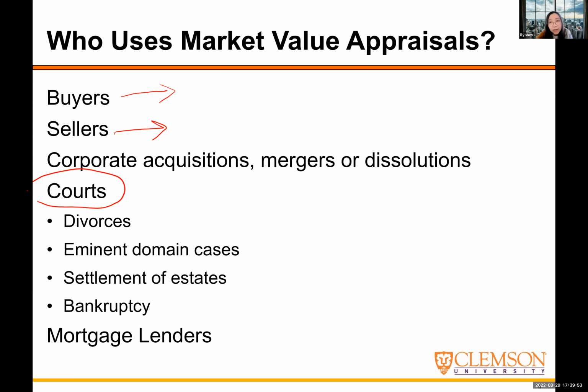What the court may do is hire an appraiser to say how much the person's house is worth. Then they can have an estimated value of the person's asset equity based on the valuation. So for courts: divorce, eminent domain takings we talked about, and estate settlements or bankruptcy.